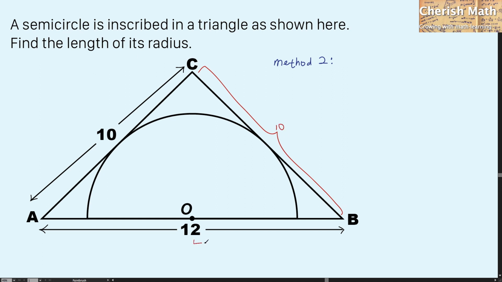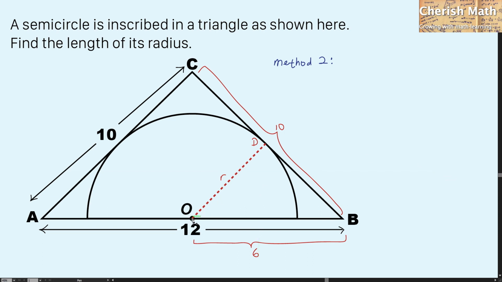And OB is one half of 12, that is 6 units. Now I'm going to draw a line from O to the tangent point on the line BC, and I'm going to label it as D. This serves as OD, the radius of the circle, and in our case it is a semicircle.